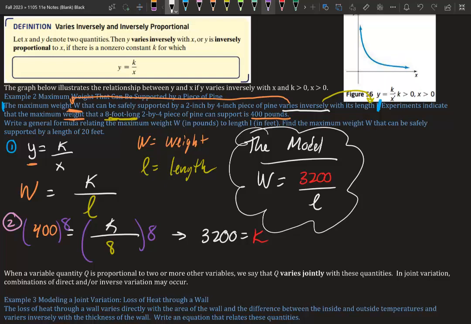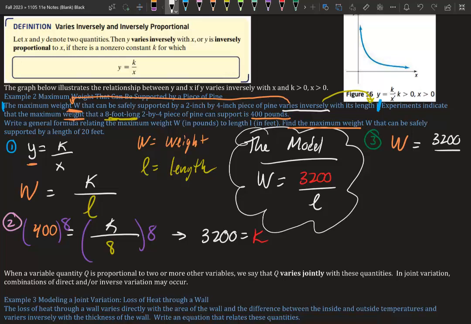The last sentence is always the question. So our last sentence, we have find the maximum weight. So that's what we're looking for straight up. Find the weight. So we're looking for W equals our constant, which is 3200, over the length.